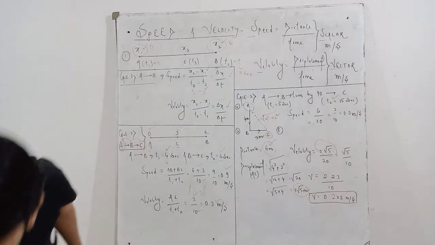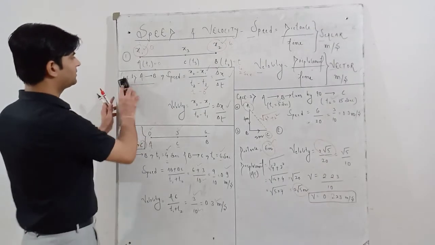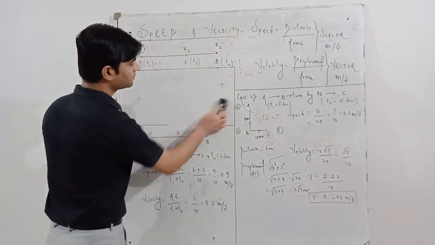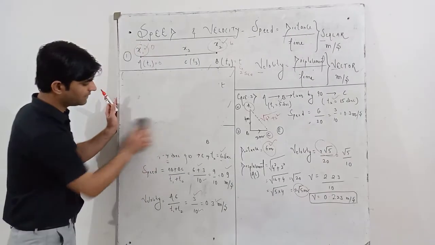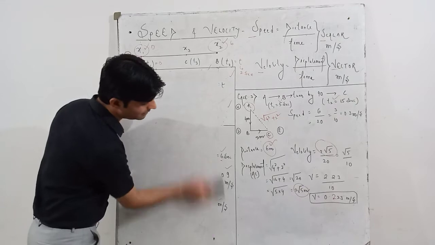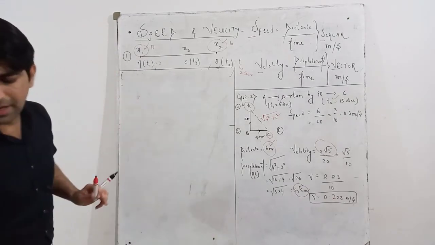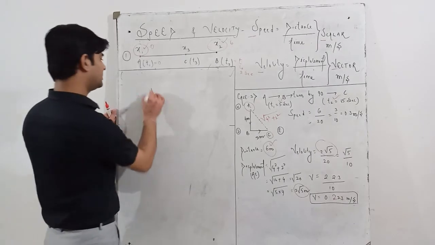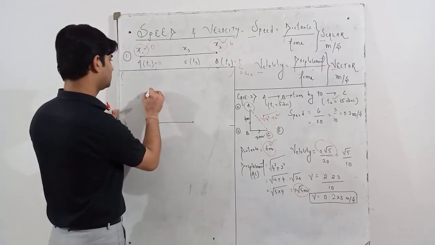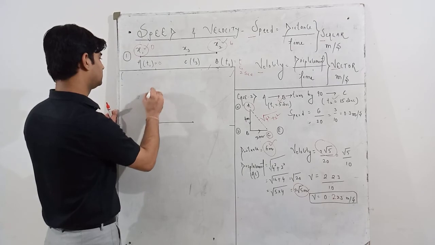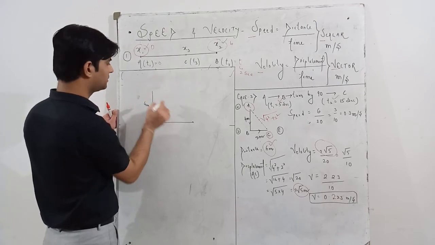Now if I take case number 4, I am going to modify this case only. Suppose in case number 4 the body is again coming back to point A. Okay, this was the case. This is 4 meter.